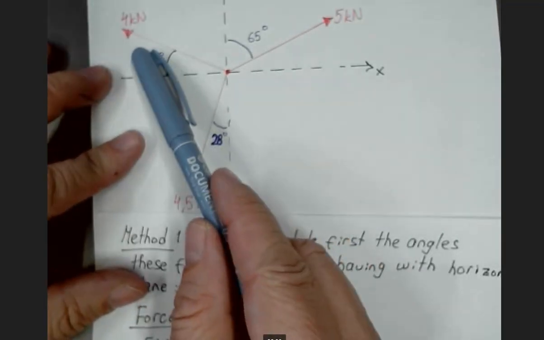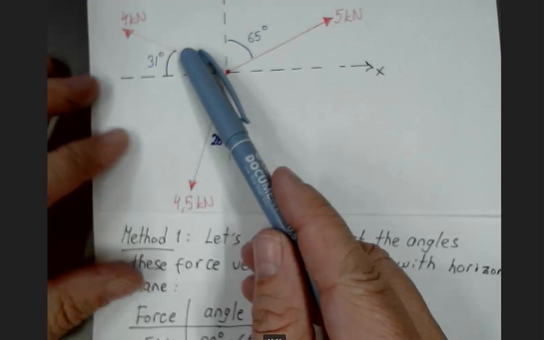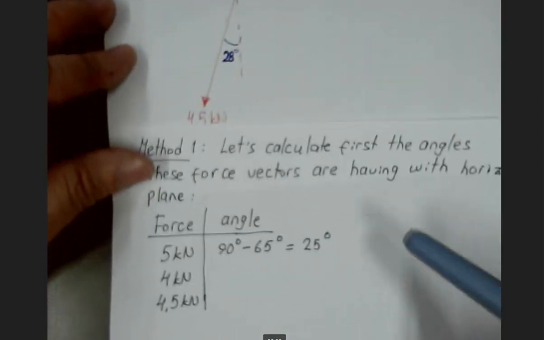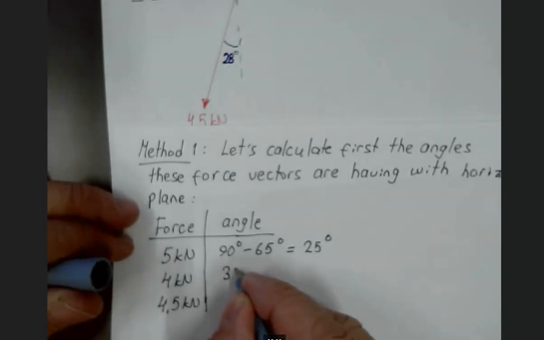This 4 kilonewton force already has the angle 31 degrees, so we don't need to calculate anything.